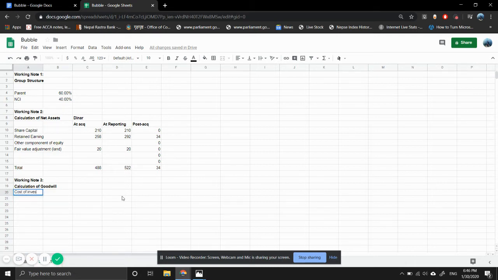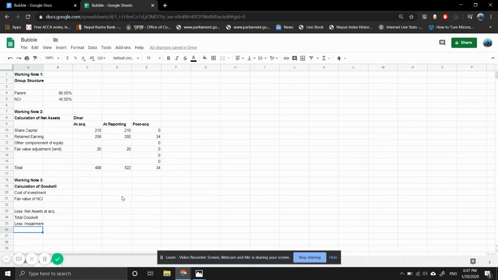Cost of investment. Fair value of NCI less net assets at acquisition. Total goodwill less impairment. There is some impairment as well.